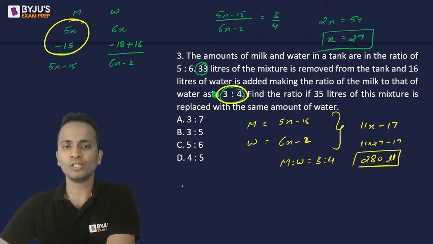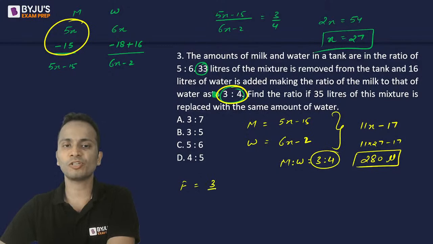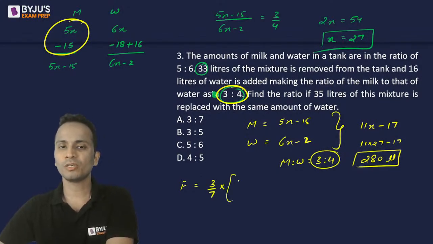So the final fraction of milk is equal to the initial fraction of milk, which is 3 upon 7, multiplied by the total solution minus whatever is removed, upon the total solution. Okay, and this is what we have to calculate.